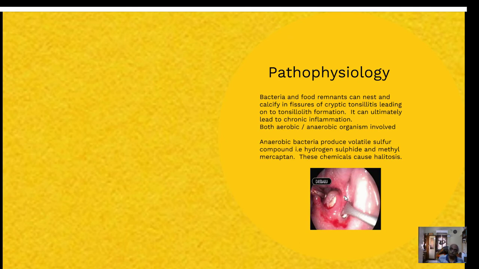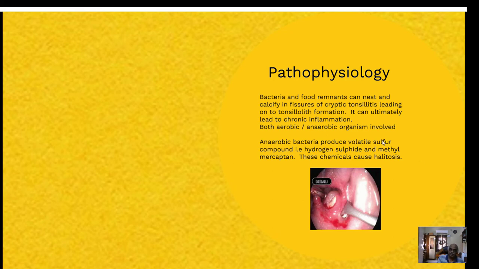Here, both aerobic and anaerobic organisms are clearly seen in culture. Gram-negative organisms also have been isolated. Anaerobic bacteria are known to produce sulfur compounds like hydrogen sulfide or methyl mercaptan. The release of these chemicals can cause foul breath or halitosis.